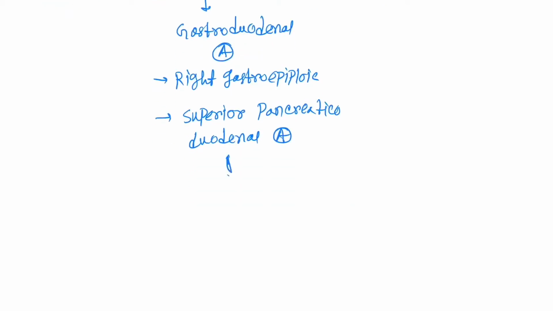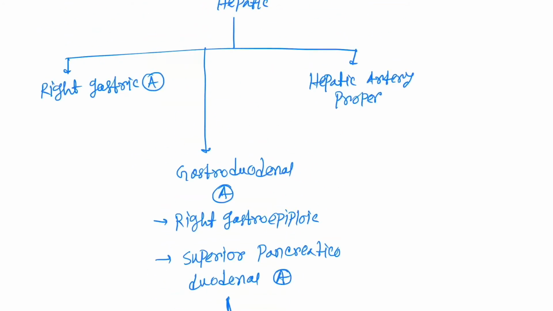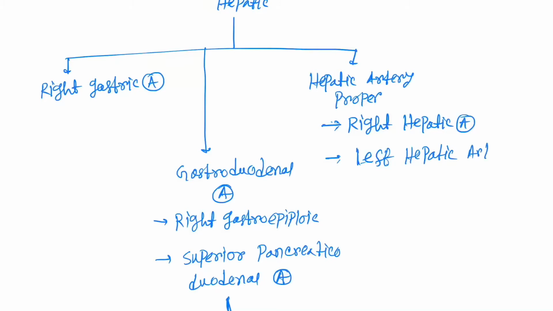It is further divided into anterior branch and posterior branch. Next, hepatic artery proper. It forms right hepatic artery and left hepatic artery.